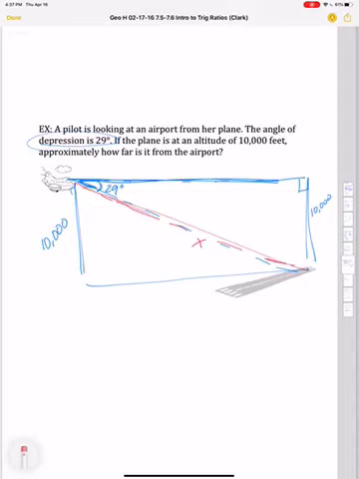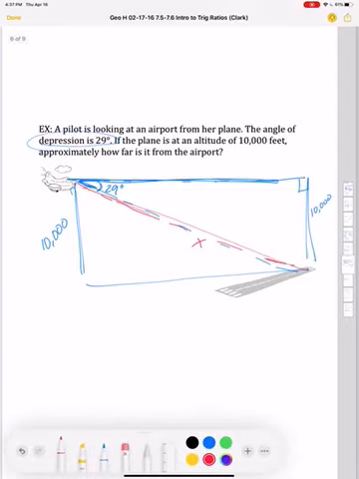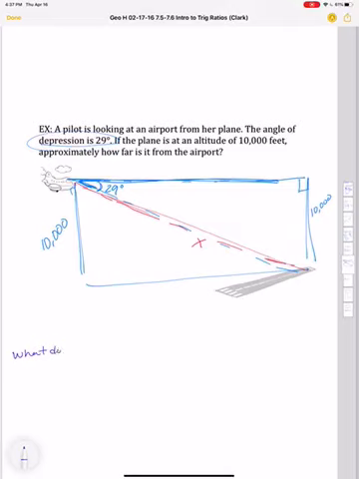Well, what do we know? What information do we have? We know an angle, 29 degrees. And what side do we know? From that 29 degrees, if you're standing here in the plane, this is opposite.